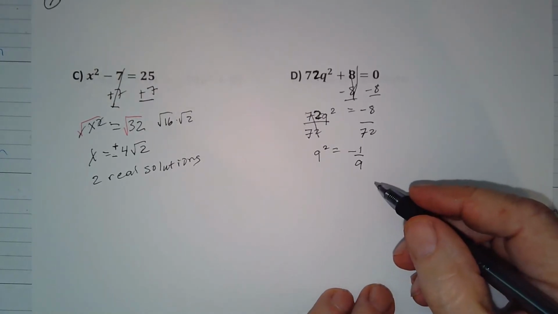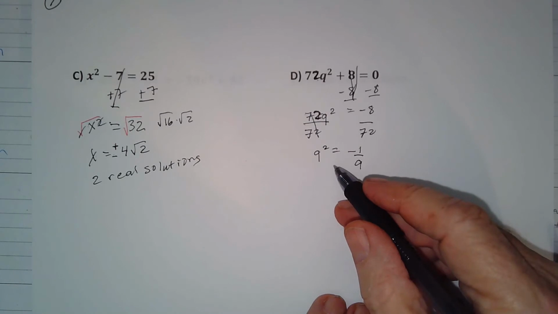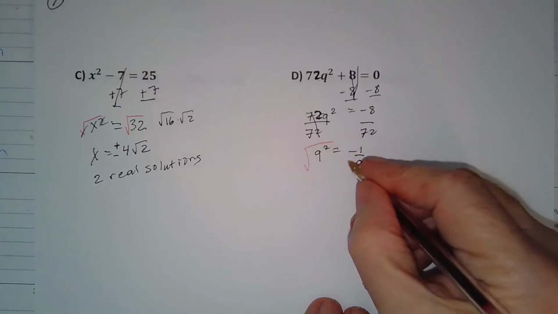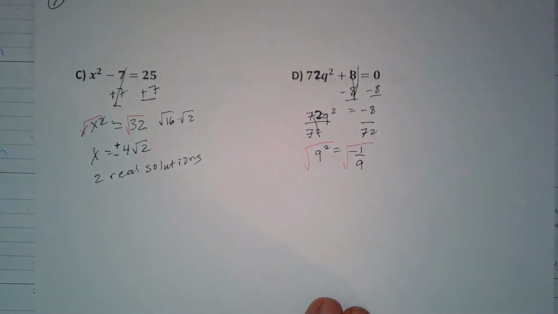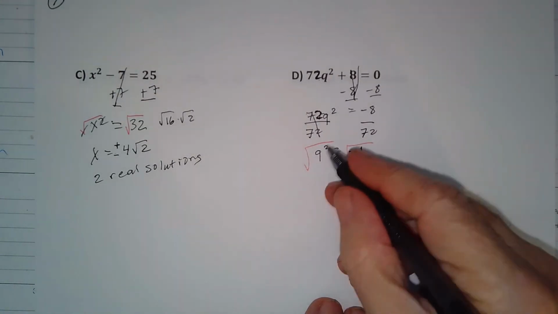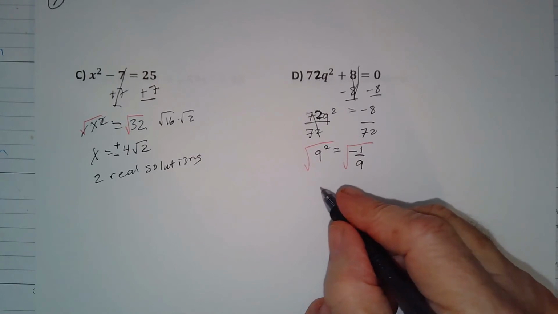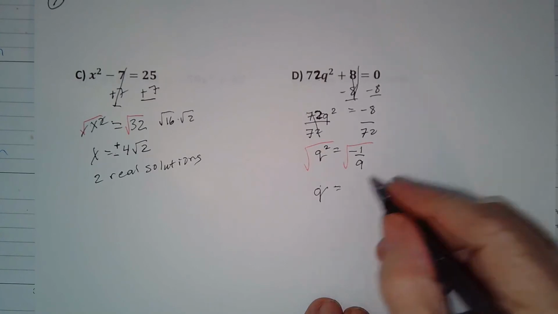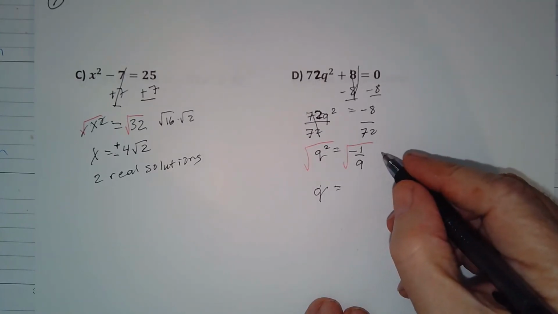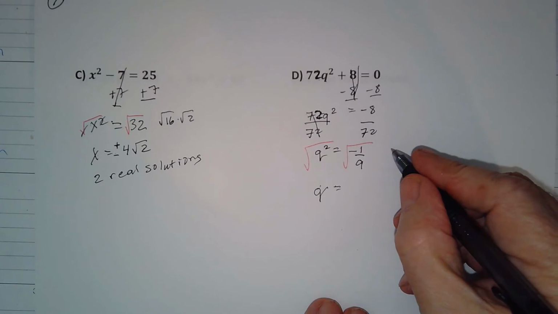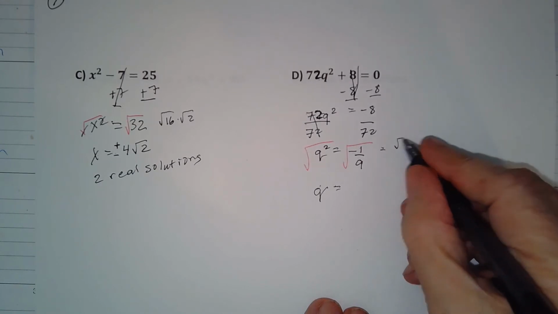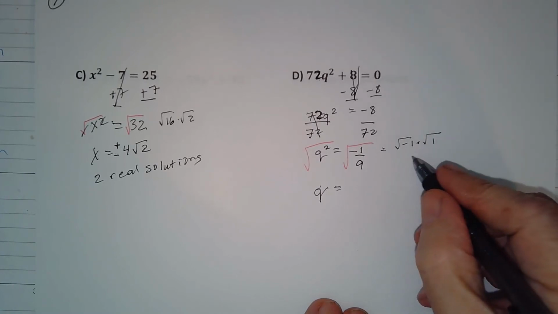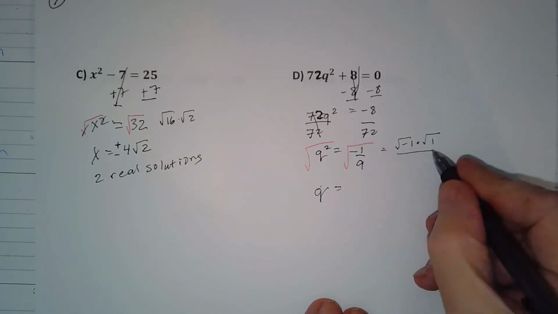Now, we're going to take the square root of both sides, right? The square root of q squared divided by the square root of negative 1 over 9. Of course, the square root of q squared is q. And the square root of negative 1, let's break this up into the square root of negative 1 times the square root of 1, and I'll show you why, because there's a little bit of hidden stuff going on in the back.